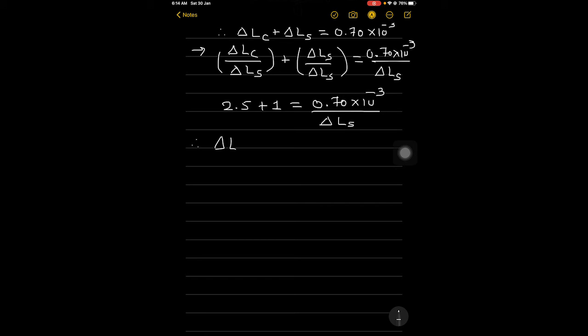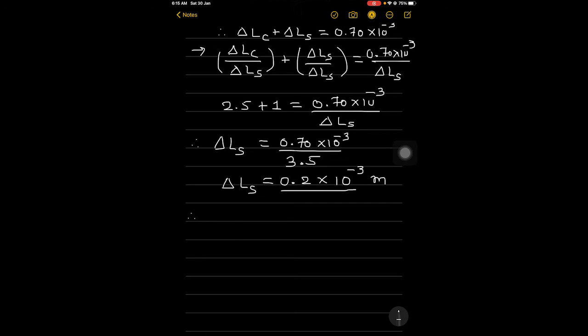Therefore delta LS is equals to 0.70 into 10 raised to minus 3 upon 3.5. So if we put the values, 0.7 divided by 3.5 comes out to be 0.2 into 10 raised to minus 3 meter, or we can say that it is 0.2 millimeter.